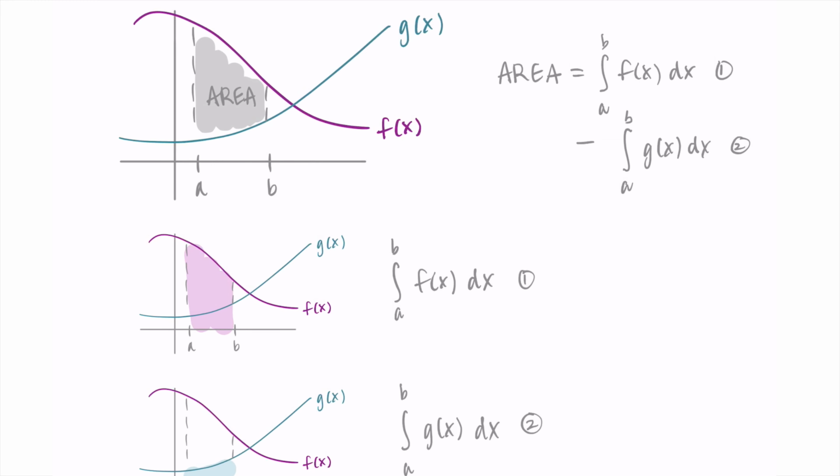So we're taking the area under f and subtracting the area under g, and that's going to give us this area that we wanted. With properties of integrals, these have the same bounds, so I'm going to combine them together, and I get the integral from a to b of f minus g dx. And this is going to be my formula for the area between those two curves.